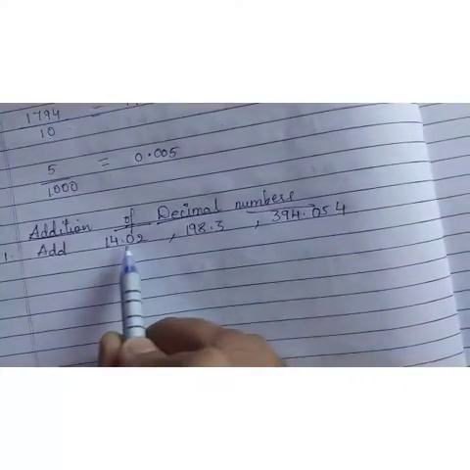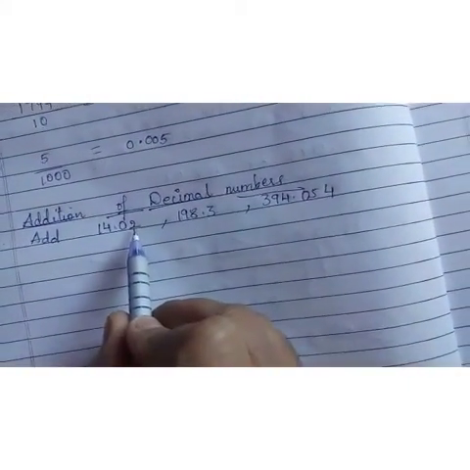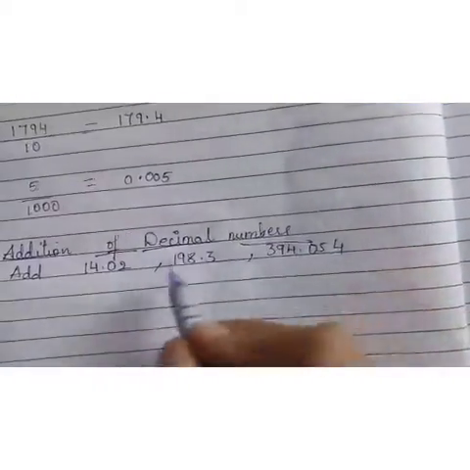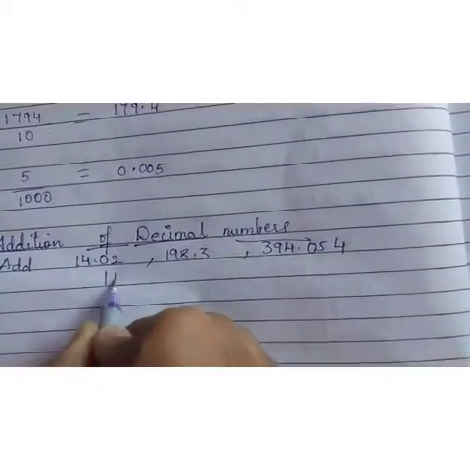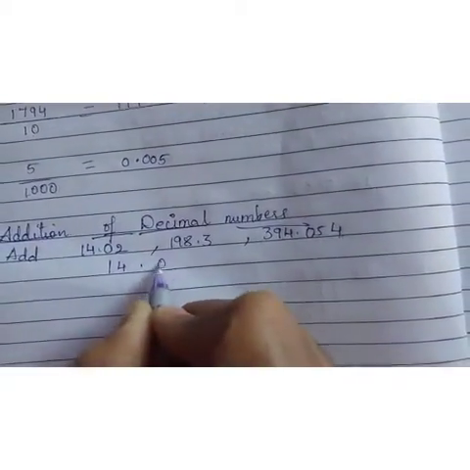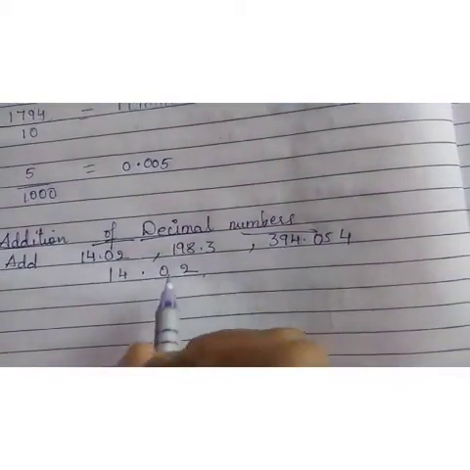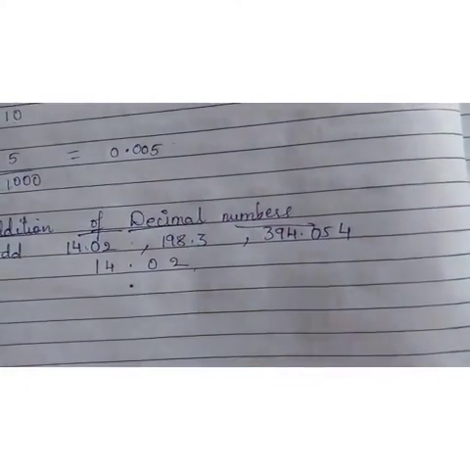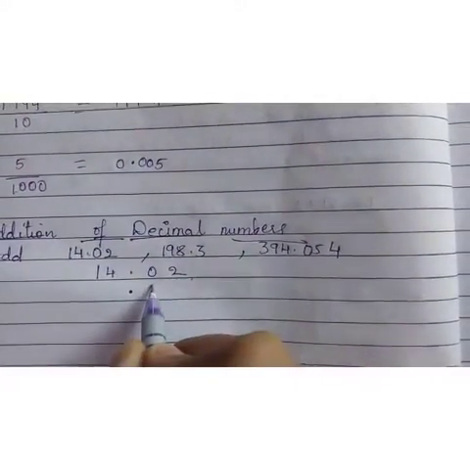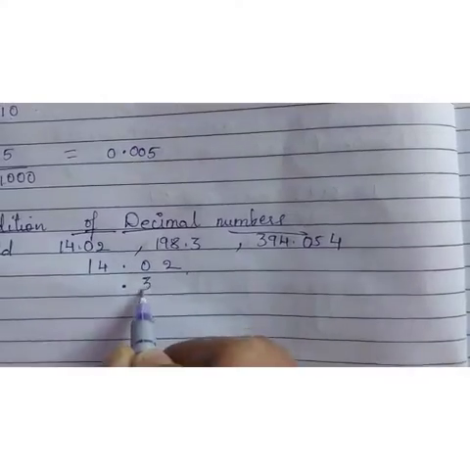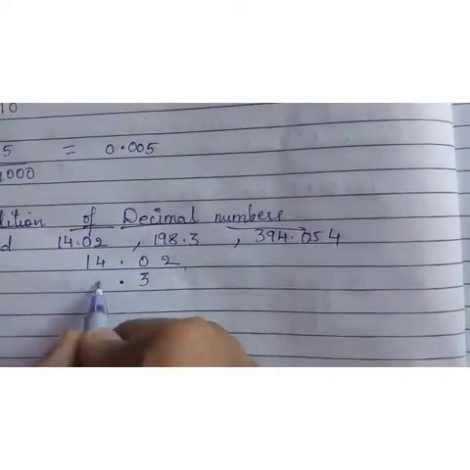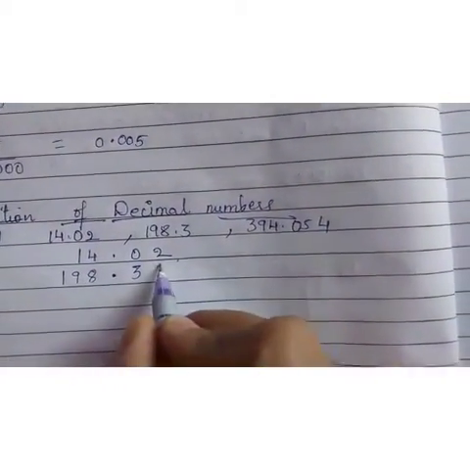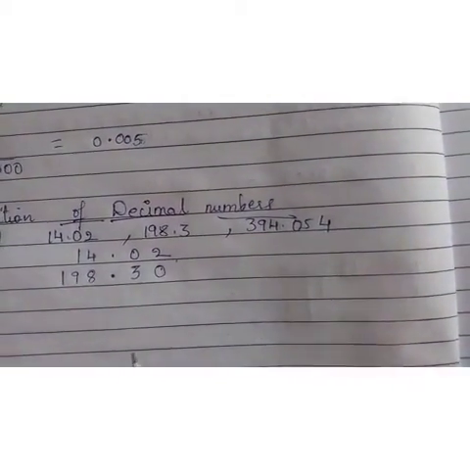Write the digits of the given number below one another such that the decimal point lies in the vertical line, that is 14.02. Next we have 198.3. So place the decimal point as it is, and here we have 3, place 3. Next we have 198.891. Here we don't have anything, so I will just place 0.